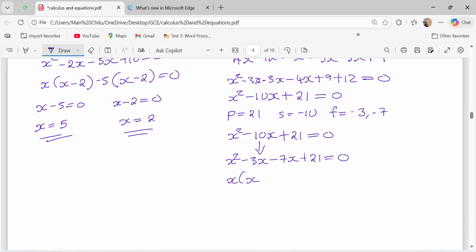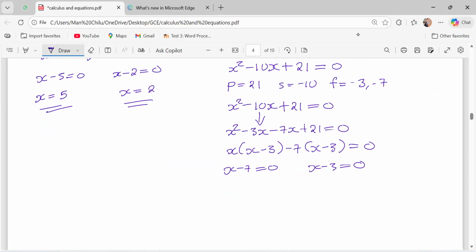X into negative 3, we get negative 3, negative 7x, negative 7 into 21, that will be negative 3, equal to 0. So x minus 7 will give us 0, and x minus 3 will give us 0. So x will be equal to positive 7, and x will be equal to positive 3.